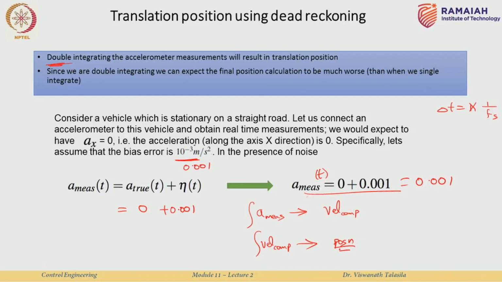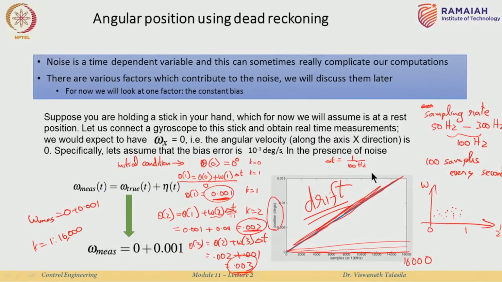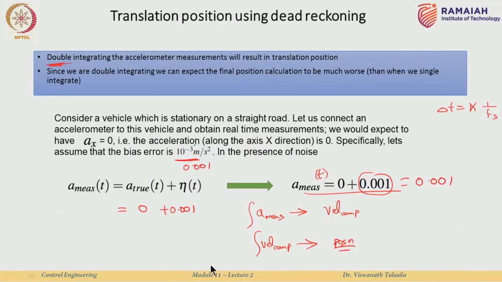Which means, if you go to the previous slide, in every single integration, the value of this bias, the 0.001, was added one time each integration process. So, here we added it once, here we added it the second time, here we added it the third time. You know what is going to happen here?